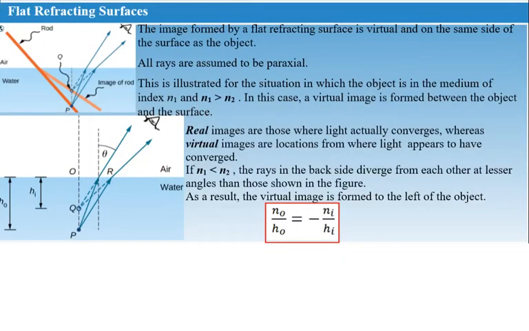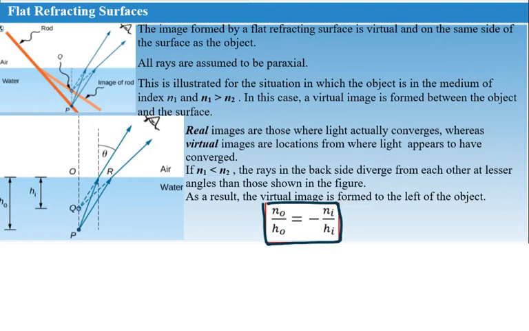Here's an example of flat refracting surfaces, and I'm going to derive the formula for you, the formula that you see right here, because we're going to be using it right now for solving a problem. They usually show similar questions on the AP exam.